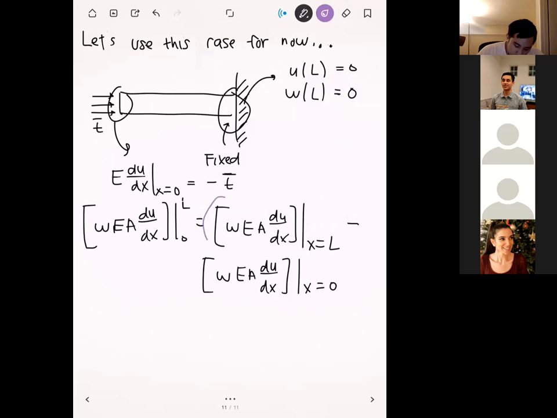Let's look at the first term first. When I plug in x is equal to L here, what we get is w of L times E of L, A of L times du dx at x is equal to L. When we're evaluating this at x is equal to L, we're basically just plugging in L for every value of x. And remember, E and A can also be functions of x as well.